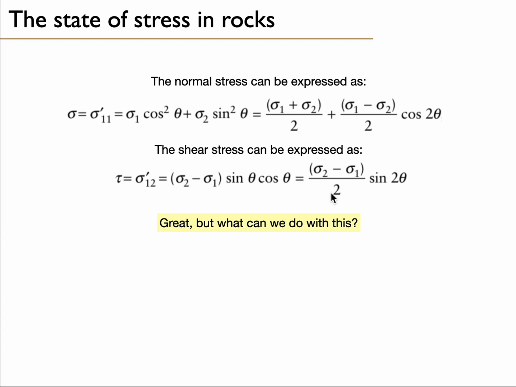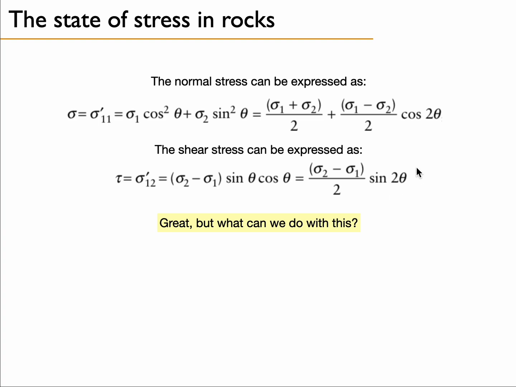And the shear stress will simply be sigma 1 minus sigma 2 divided by 2 times sine 2 theta. So we managed to express the components of the rotated stress, or the transformed stress, for any orientation.